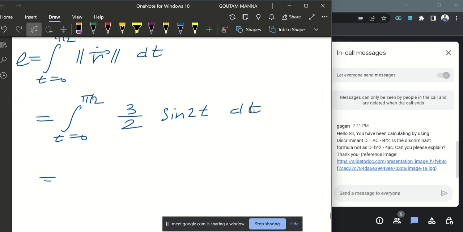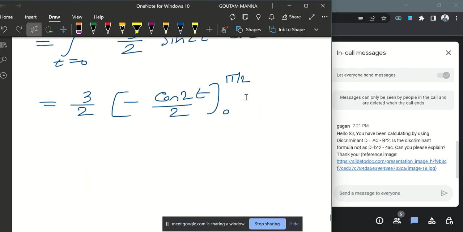Now if you integrate, it will be 3 by 2 times minus cos of 2t by 2 from t equals 0 to pi by 2. That is 3 by 4 times minus cos of 2t from 0 to pi by 2.